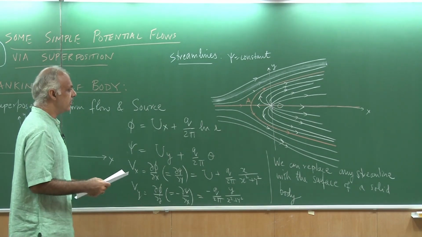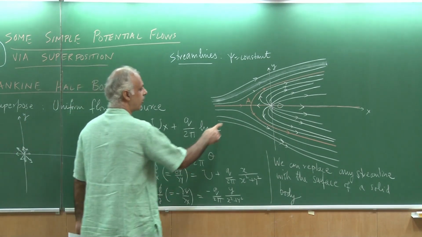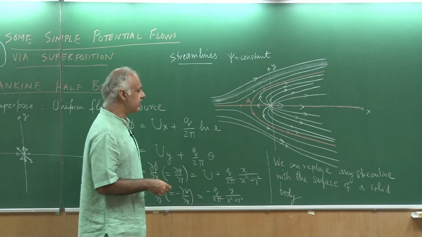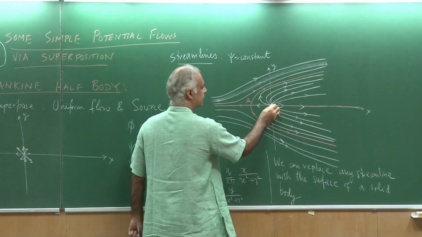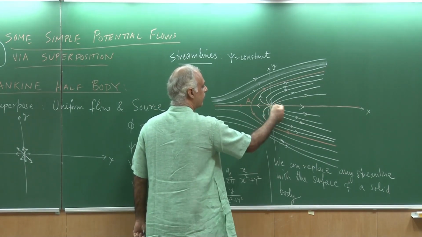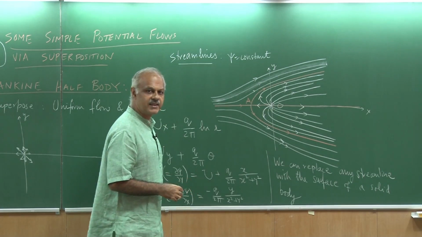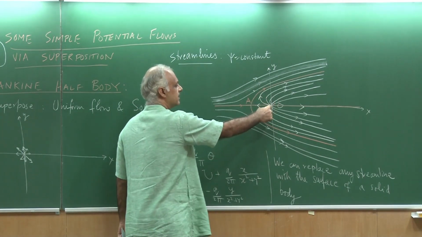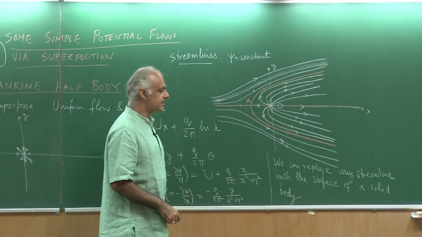So let's look at some of the features of this flow. So the first thing we want to do is talk about this point A. Okay. As you can intuitively feel, there is a source here which is squirting out fluid in all directions. Okay. It is an isotropic source, so it squirts out fluid with the same radial speed in all directions.